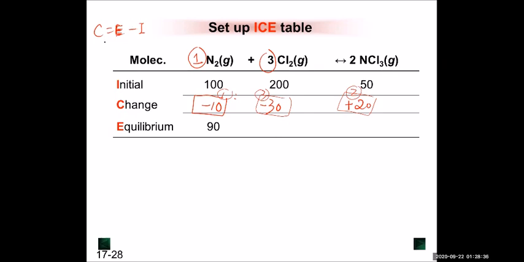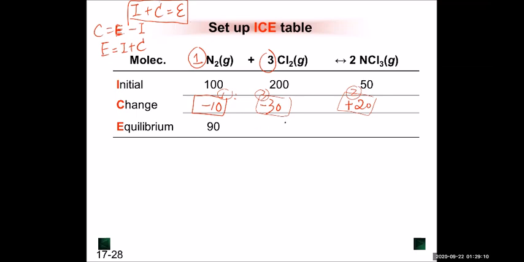If I rearrange it, the equilibrium equals I plus C. E equals I plus C. Or to make it look nicer, I plus C equals E. That's what ICE is for. The ICE table means initial, change, and equilibrium or end. It also means I plus C equals E. Initial plus change equals end.